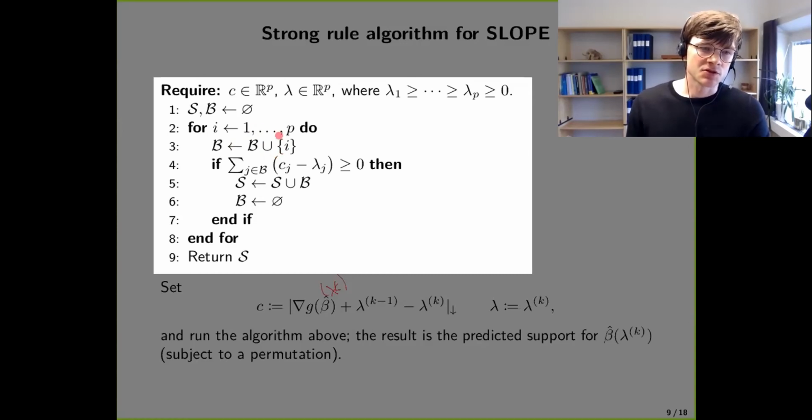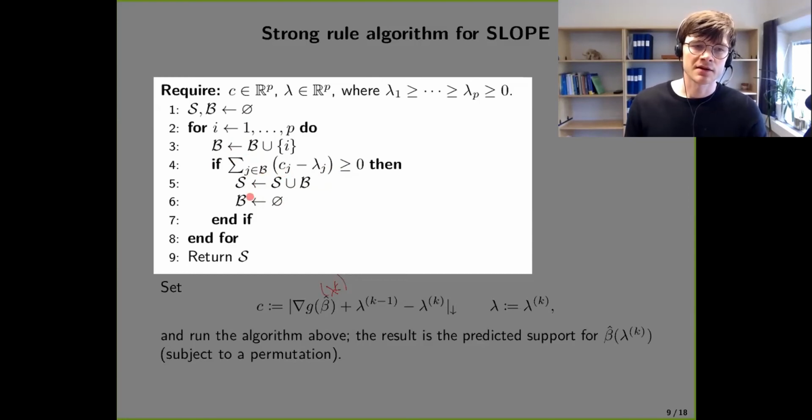We introduce this index into B, then we check the sum for this part, whether it is larger or equal to 0. And we're going to add this part into set S and reset B. Then we move on through all of the predictors, checking the condition one by one.